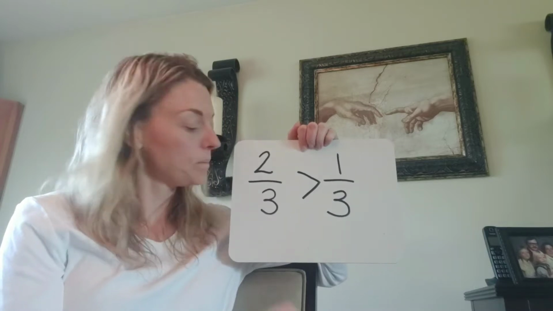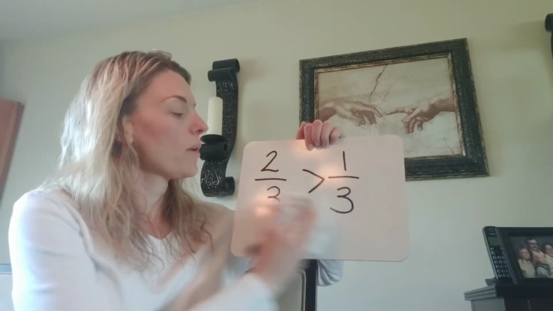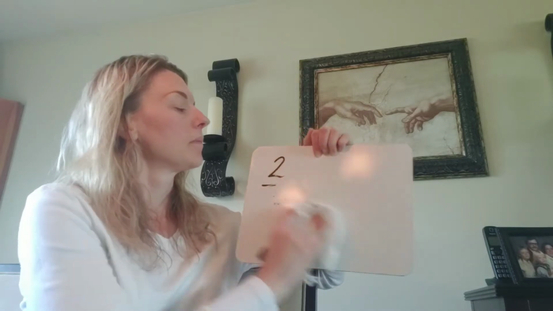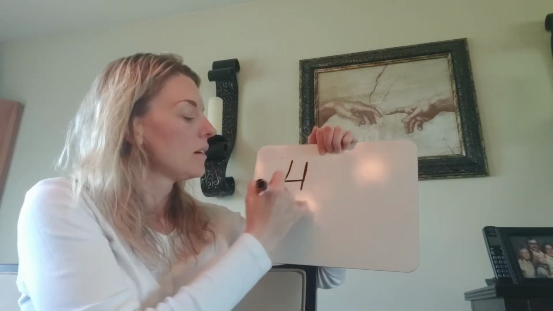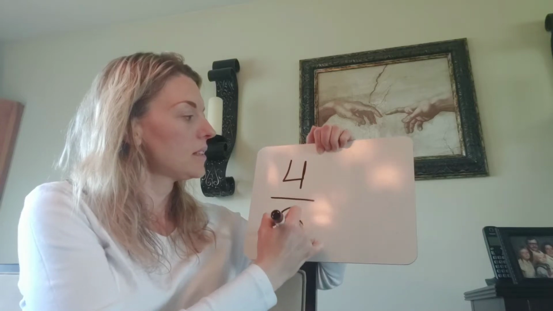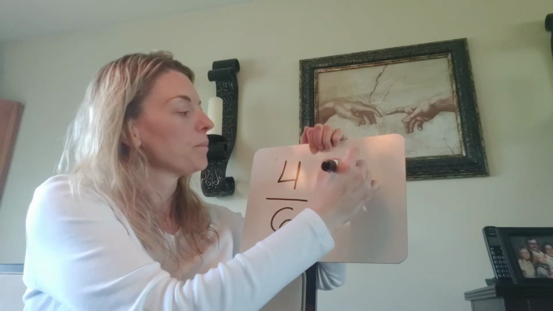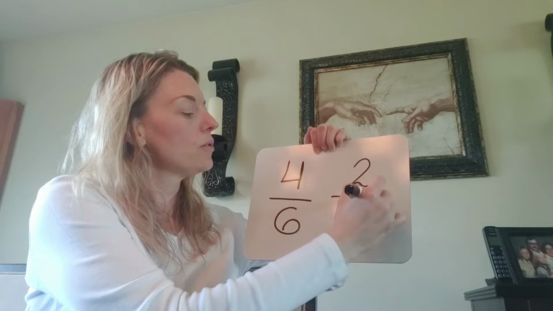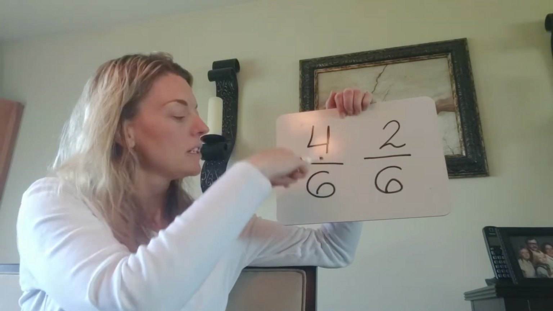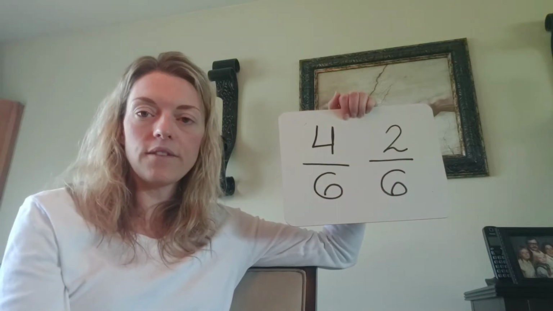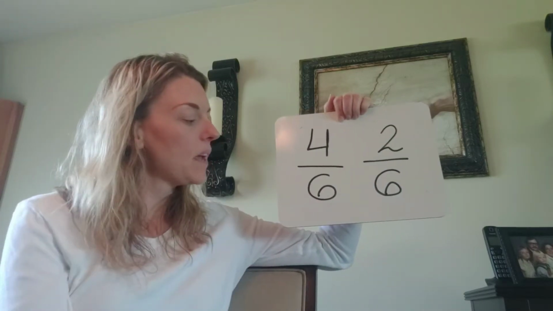Okay? Let's try another one. 4/6, 2/6. Denominator is your number down, D for down below the line.